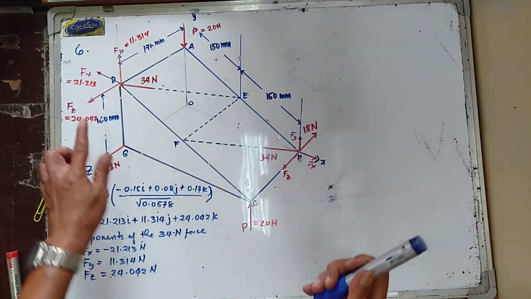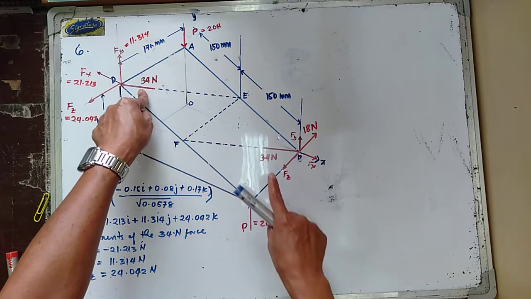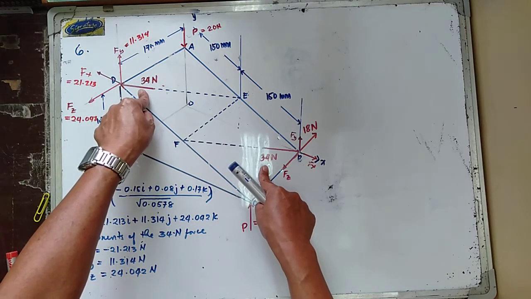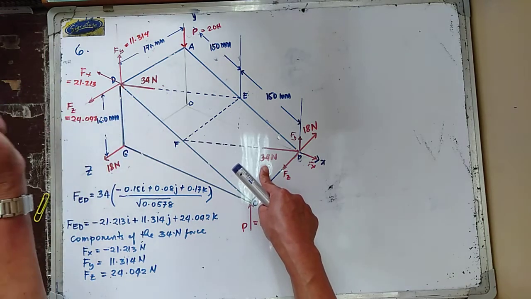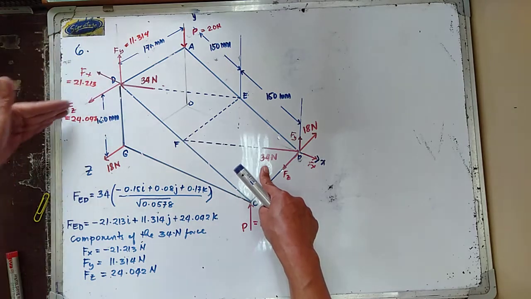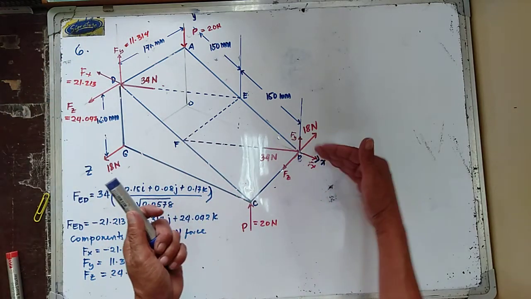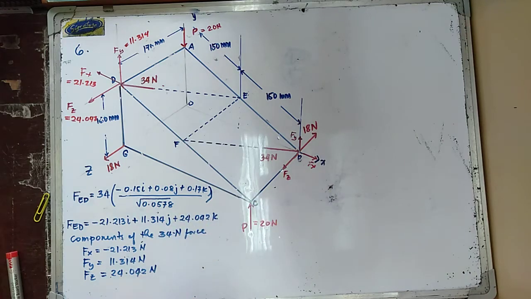Now, this time, let us ignore this 34 Newton force and this 34 Newton force. We will be using the components Fx, Fy, Fz.